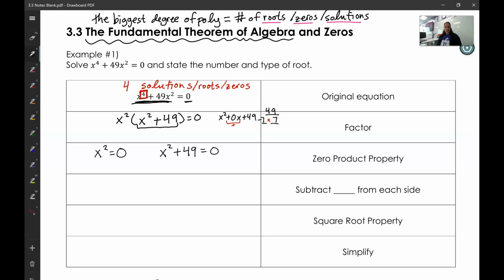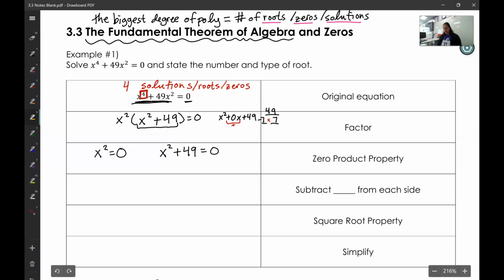I can't factor that. I could do the quadratic formula on it, but I actually have a shortcut for you. If your equation does not have a middle term, so no x term, you don't need to factor or do the quadratic formula.